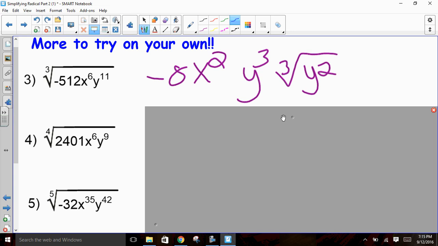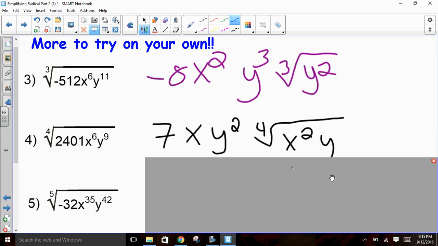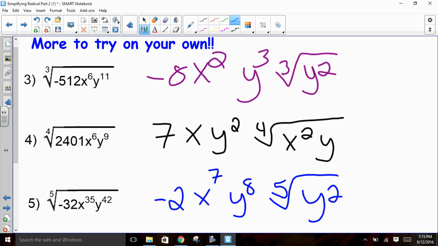All right, the 4th root of 2401 x to the 6th y to the 9th is 7xy squared times the 4th root of x squared y. And lastly, the 5th root of negative 32, x to the 35, y to the 42nd, is negative 2, x to the 7th, y to the 8th, times the 5th root of y squared.